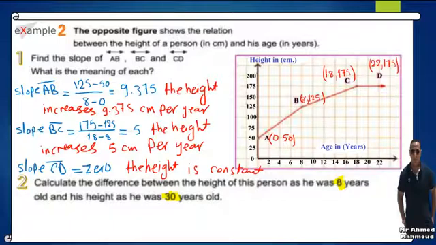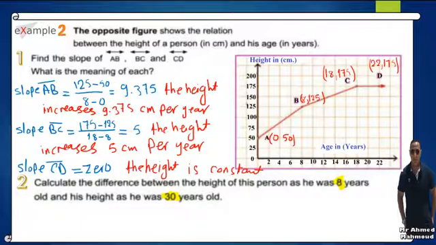When he was 30, it's already after 22, and at all ages after 18 he was 175. So his height at 30 is 175 and his height at 8 is 125.